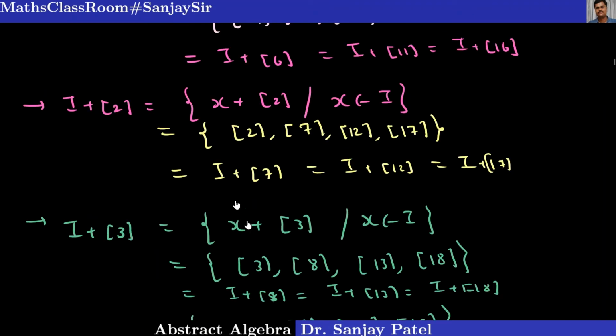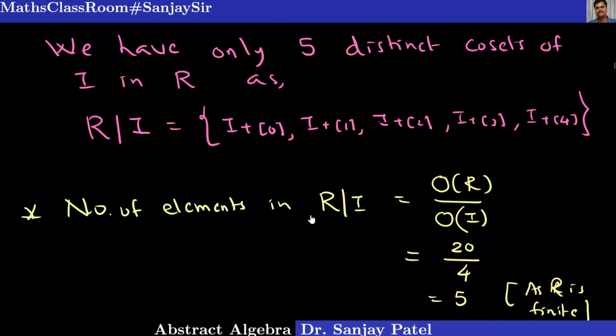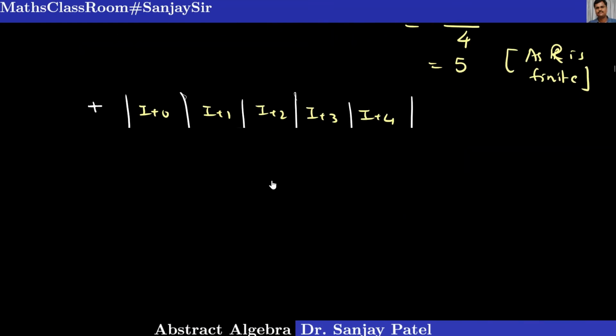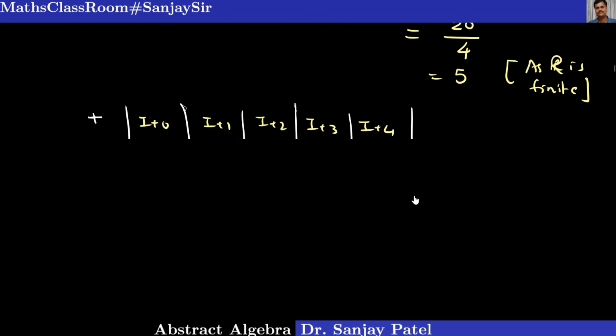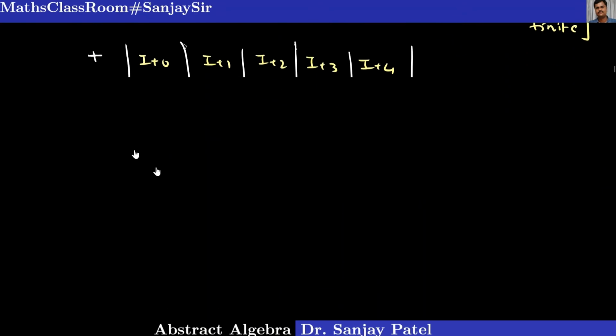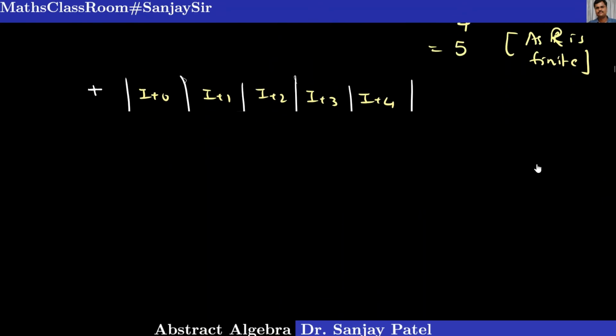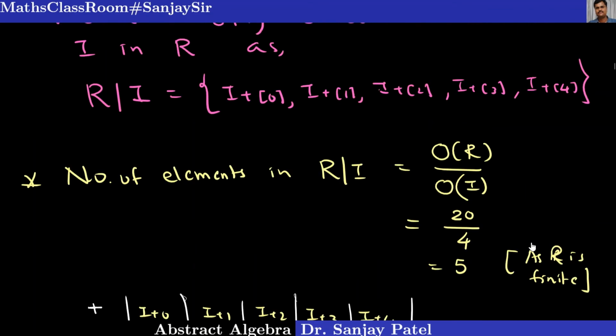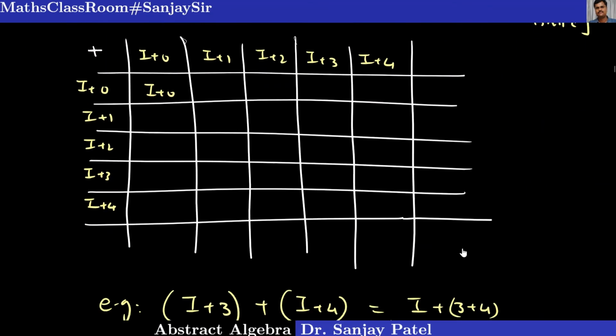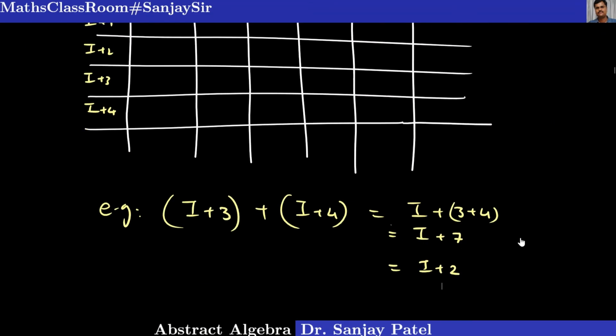Now how to know this? It's very simple. Our ideal I is generated by 5. So just you mod out this number by 5, and you will get this value.